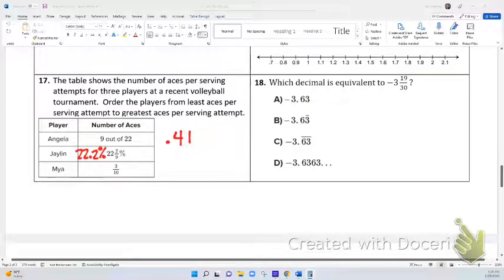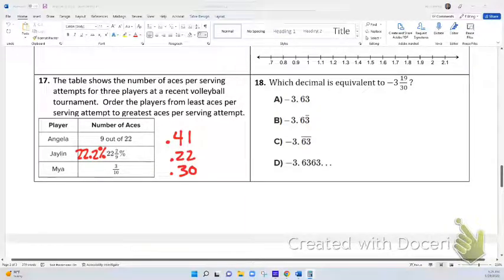So then all you need to do is do 22.2 divided by 100, and we end up getting 0.22. For the last one, we get 3 divided by 10, which is 0.3. We can say 0.30.